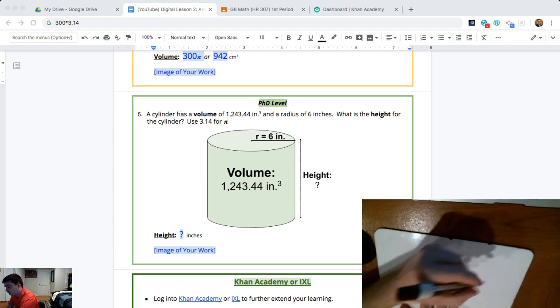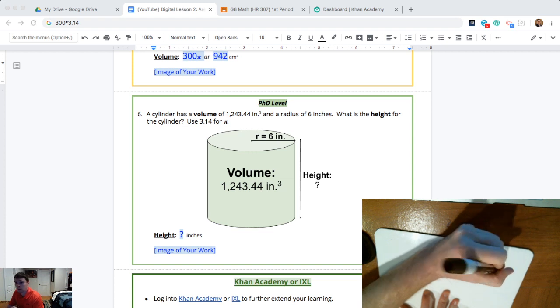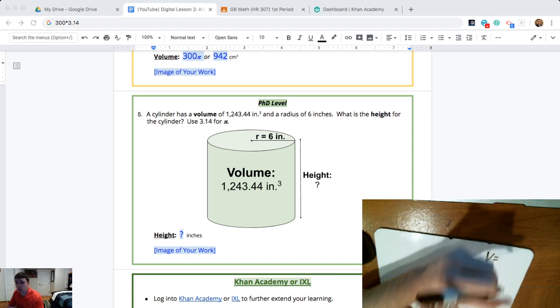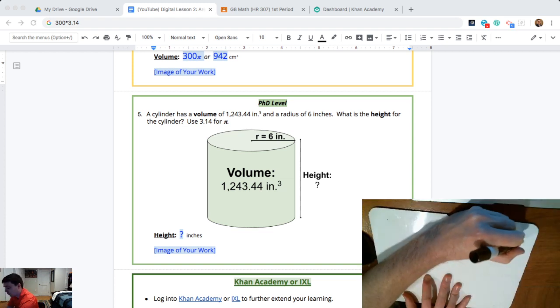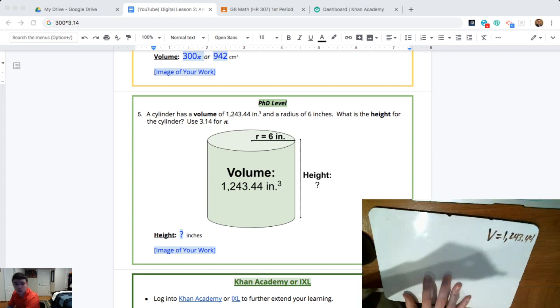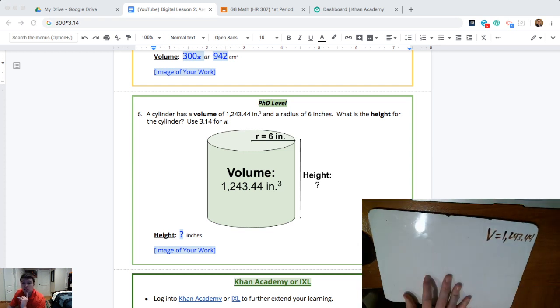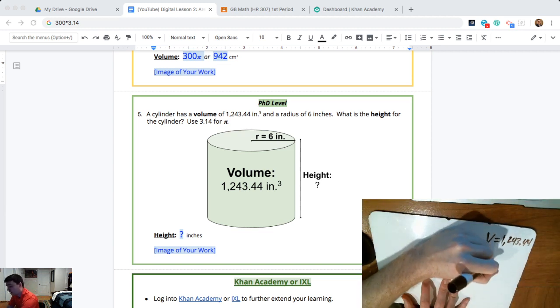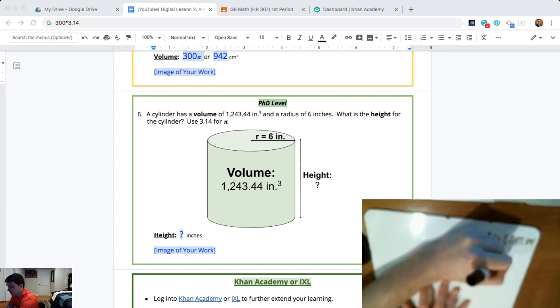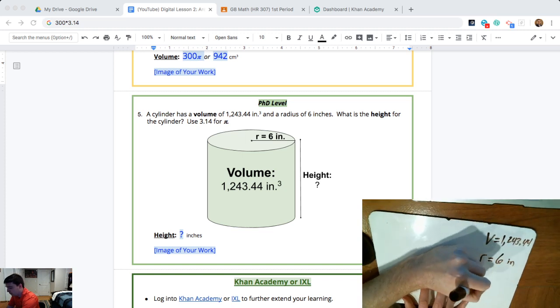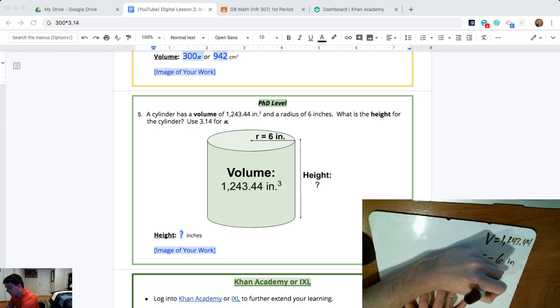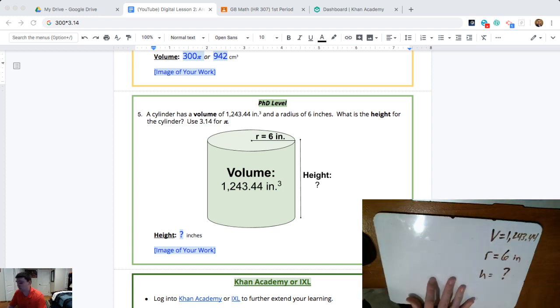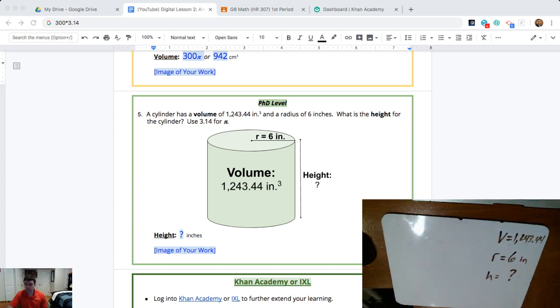They tell us the volume, or V, is equal to 1,243.44 cubic inches in this case. They tell us the radius, R, is 6 inches, but we don't know what the height is yet. The height is unknown, and that's really what we're trying to figure out.